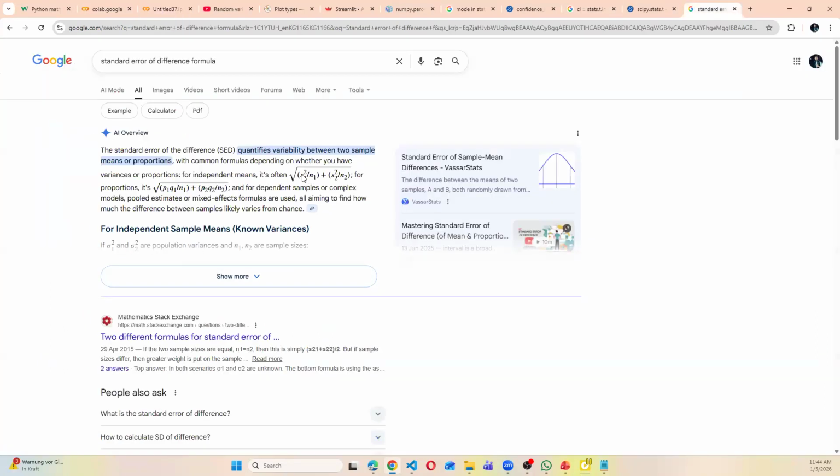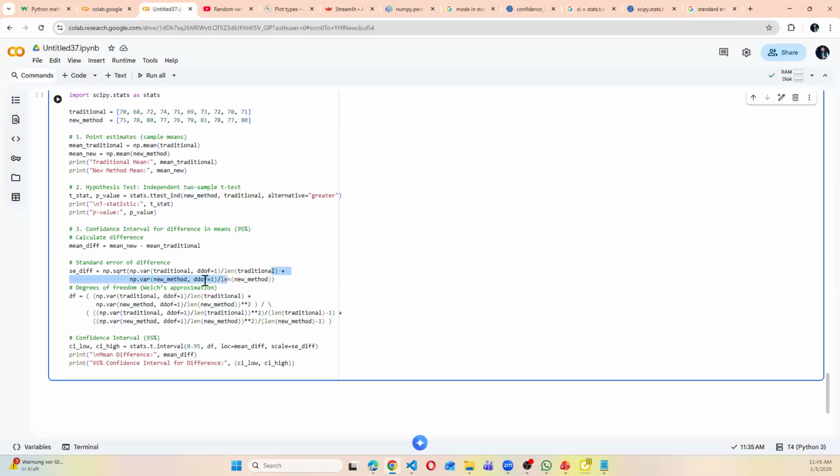Here s squared is the variance. The standard error of the difference quantifies variability between two sample means. This is the formula, so you just write this formula here.